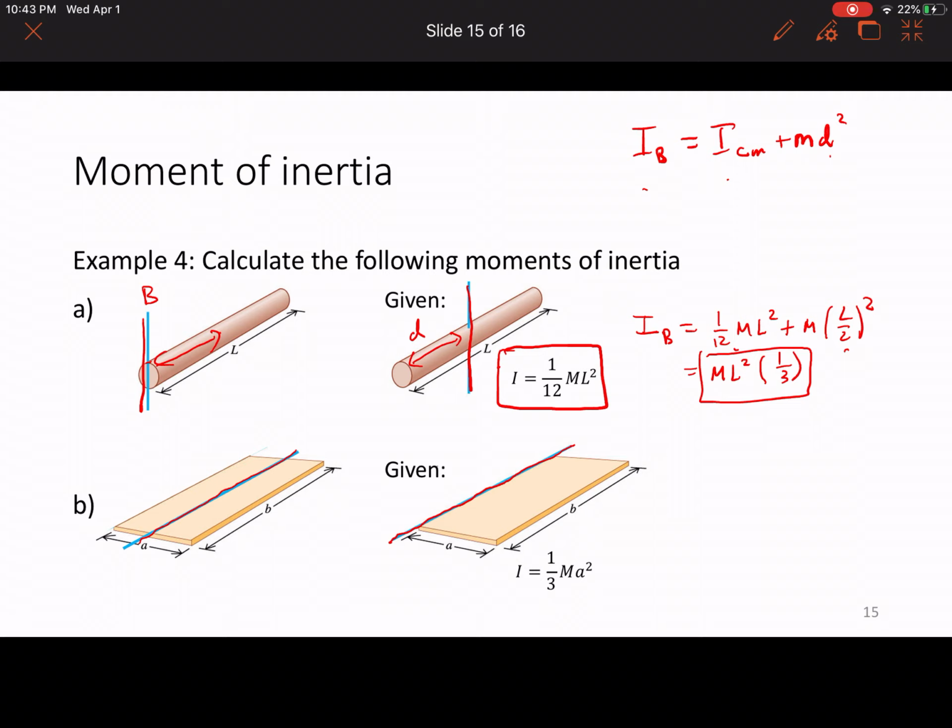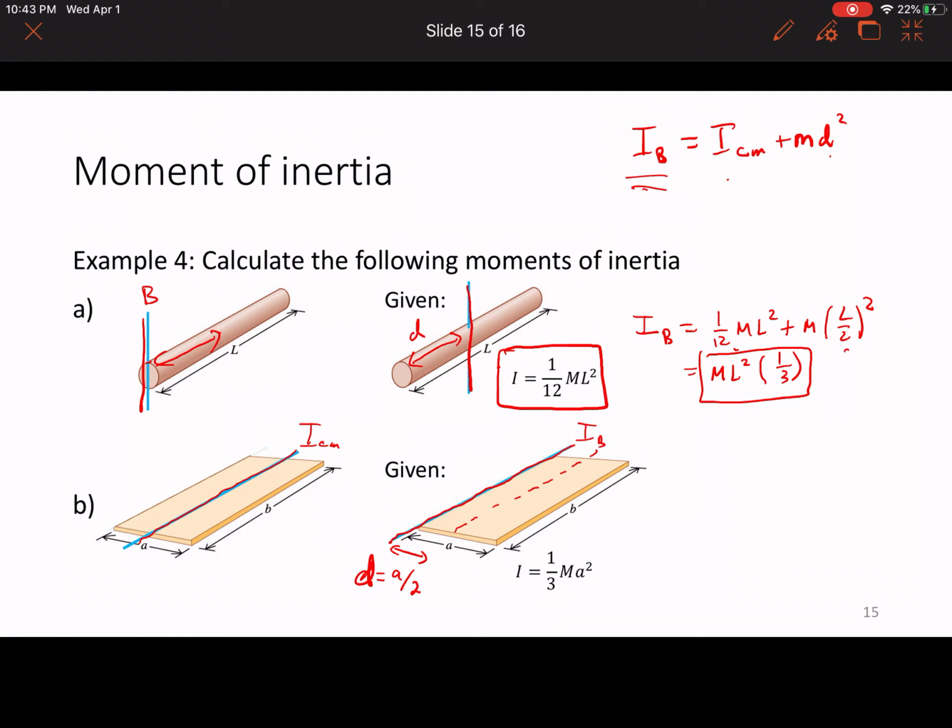Okay, good. So this is another application of the parallel axis theorem. We have two parallel axes. The distance between them now is a over 2, half the side length of that side. But now I've given you the moment of inertia about a non-center of mass axis, and I'm asking you about one that's through the center of mass.